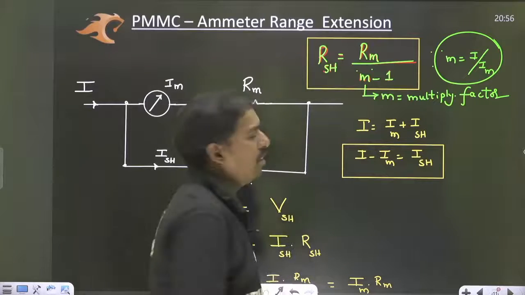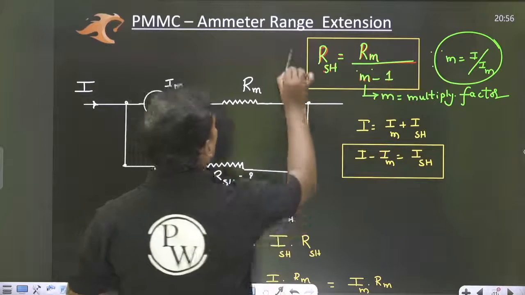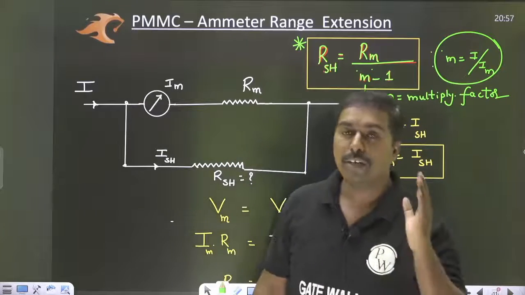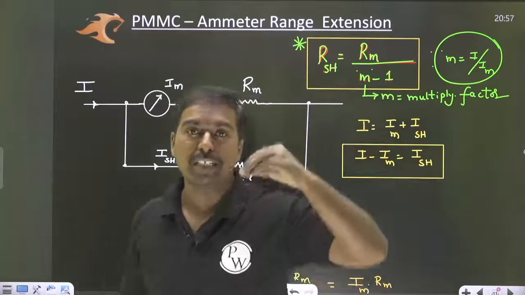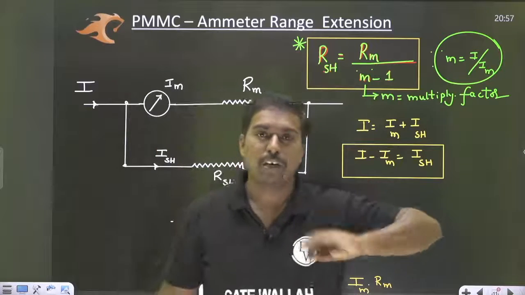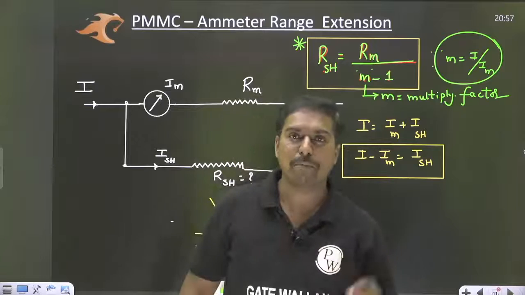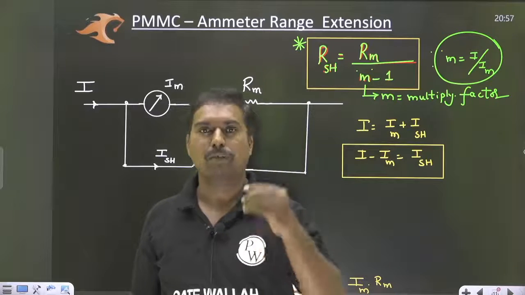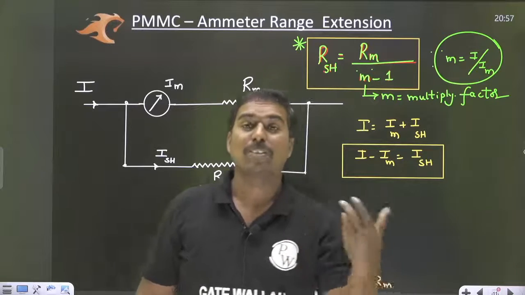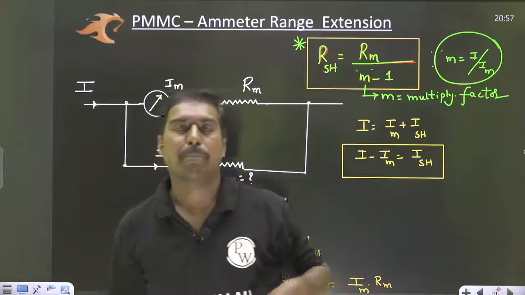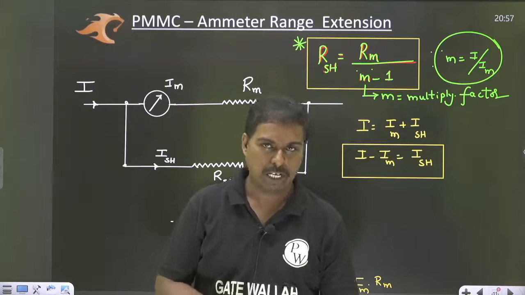So this is one of the important areas where regularly you are going to get questions, 1 mark questions or 2 mark questions. What is the shunt resistance to be added for a 1 milliampere PMMC ammeter which is having a meter resistance of 100 ohms? What should be the shunt resistance to be added so that its range can be extended from 1 milliampere to 100 milliamperes? Okay, so that is the scenario.